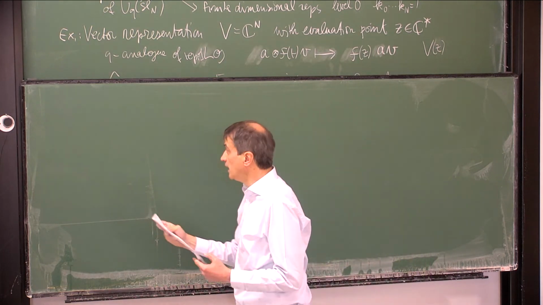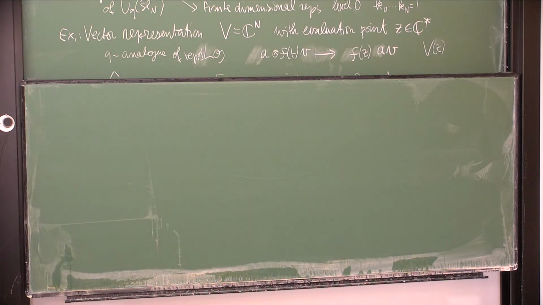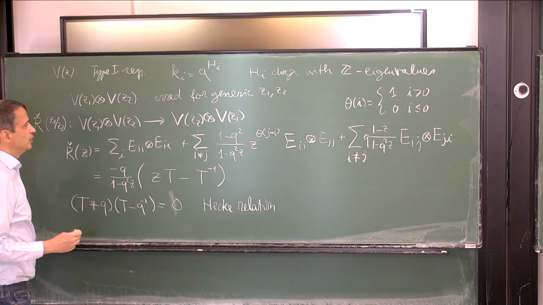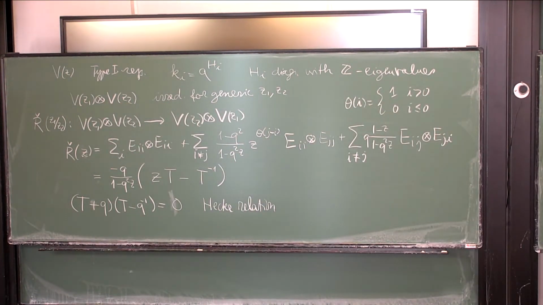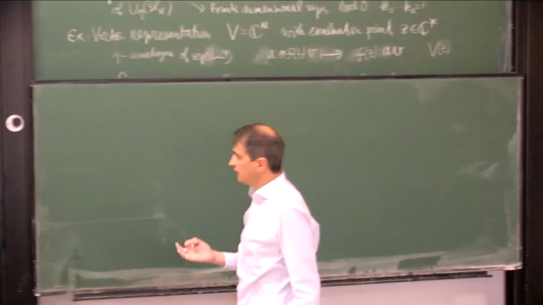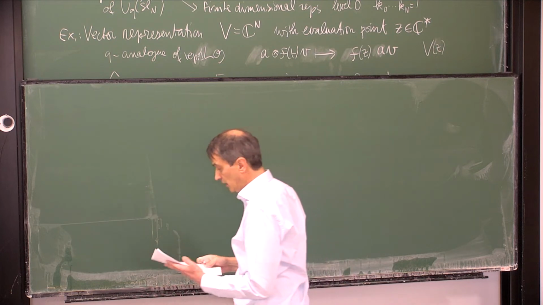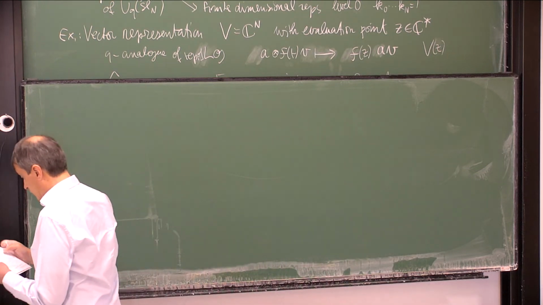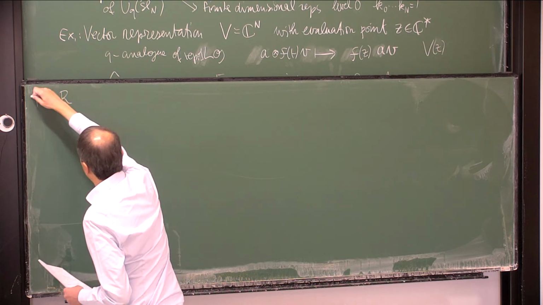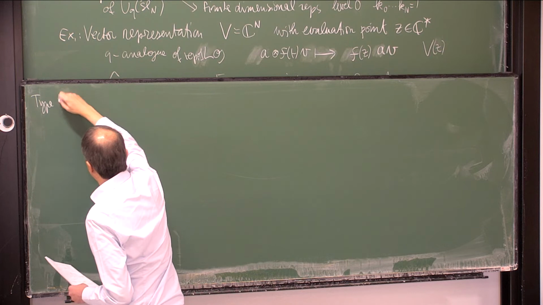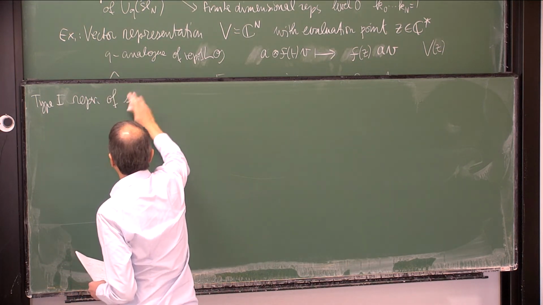So maybe a little more I want to say is that in this general Kac-Moody story, or even in this case for the finite dimensional SLN, you have a highest weight theory. So for finite dimensional SLN, this is the highest weight representation. And for that there is this story of highest weight modules. So just maybe type 1 representations of U_q of SLN.